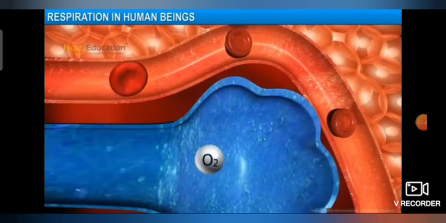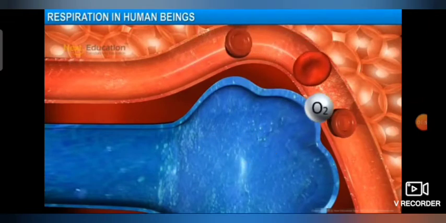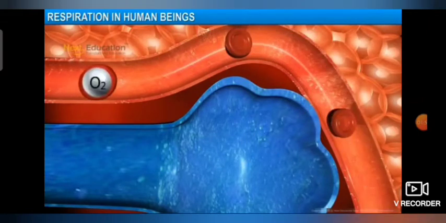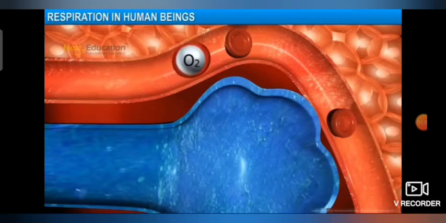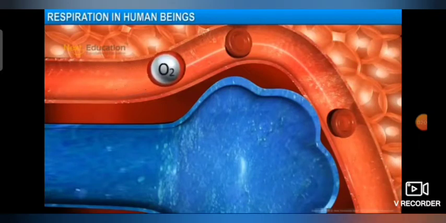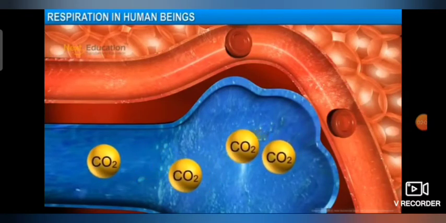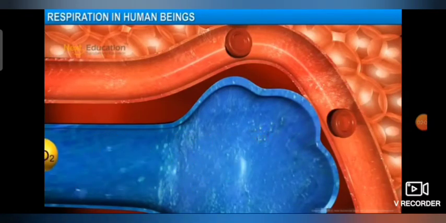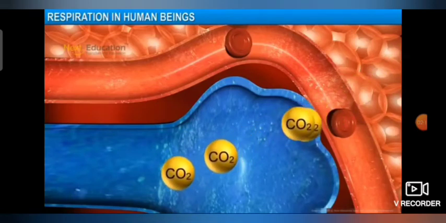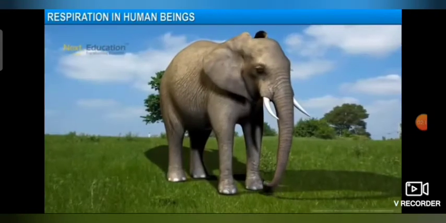The oxygen in the alveolar air is taken by red blood cells or RBC in alveolar blood vessels. The oxygen in the RBC is then transported to all the cells in the body. The cells in turn release carbon dioxide, which diffuses into the blood and is then released into the alveoli.